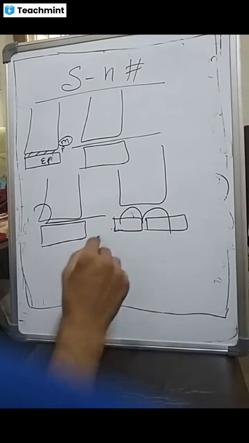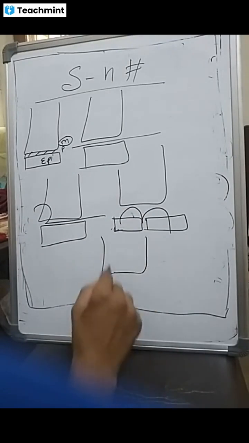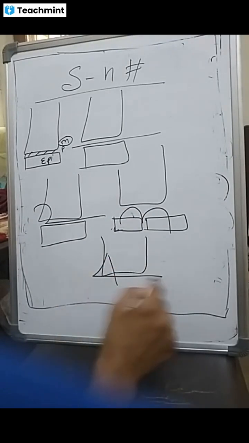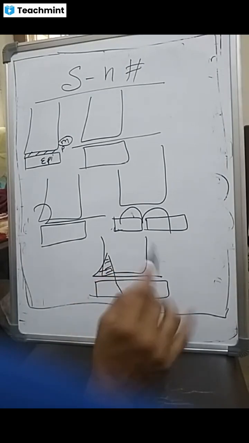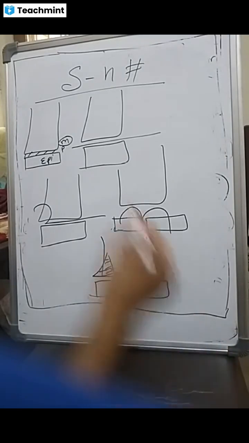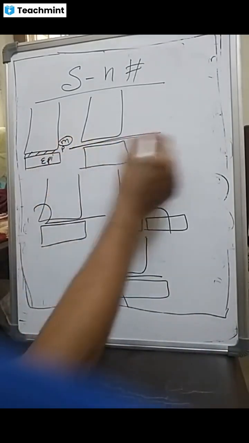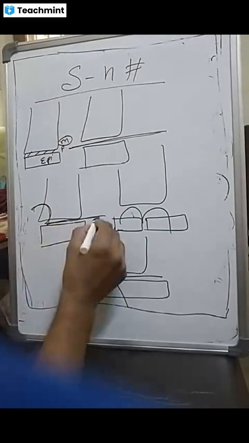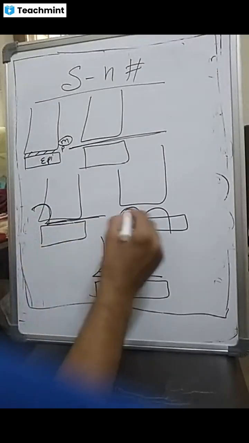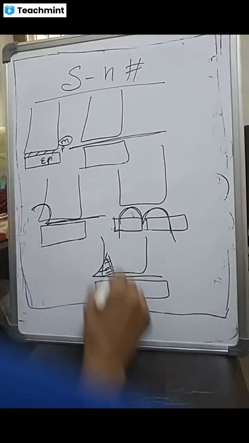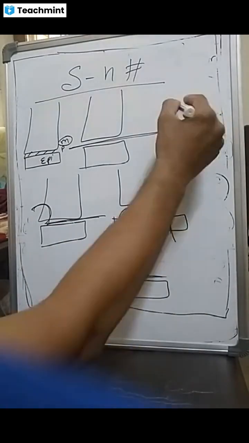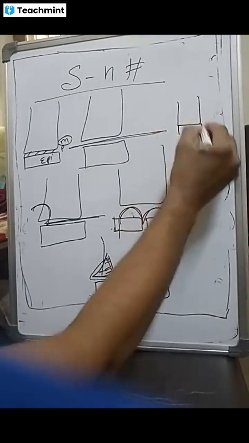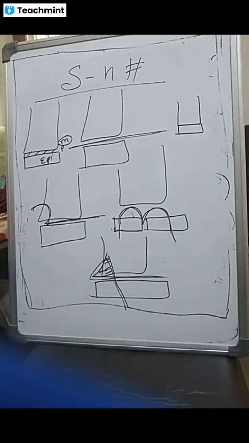What is type 4? Draw like 4, through the metaphysis and epiphysis. So it's a very easy classification: 1, 2, 3 and 4. Now 5 is nothing but the crushing of the growth plate.